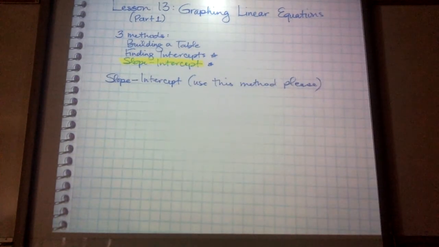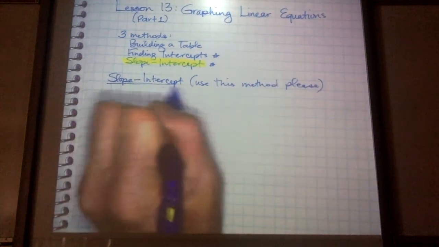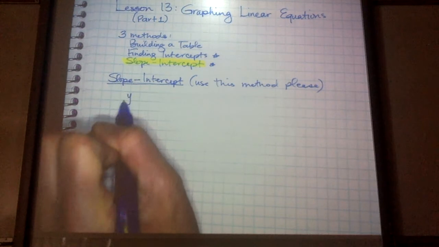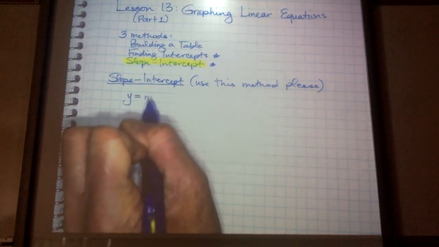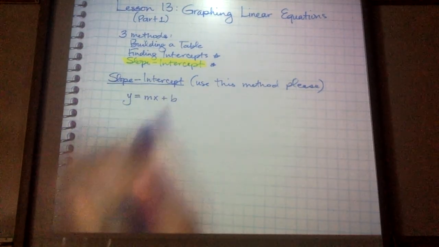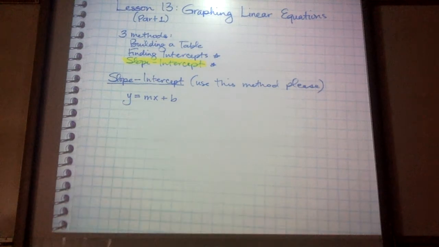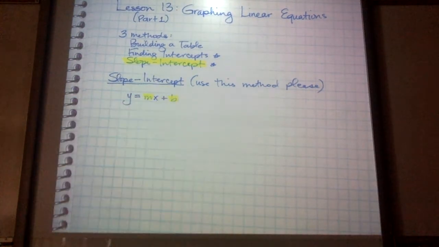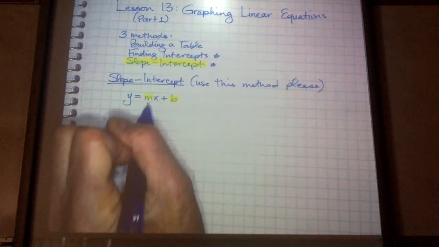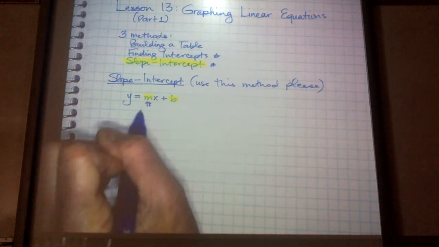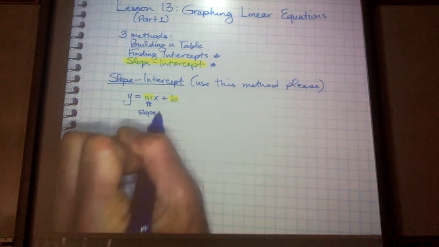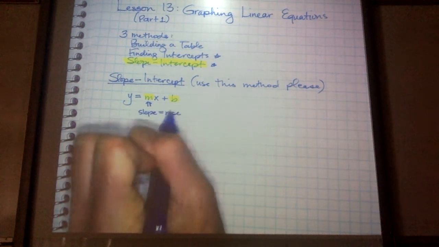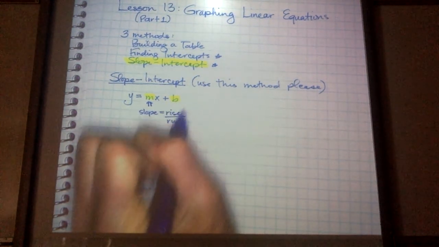Okay. So slope-intercept form is when we put an equation into this form: y equals mx plus b. Now, I'm pretty confident you probably know what m and b stand for. M represents our slope, which equals our rise over run.